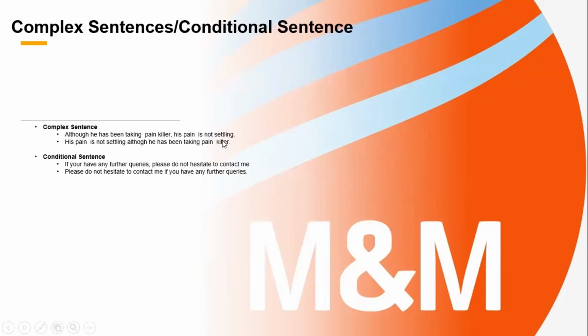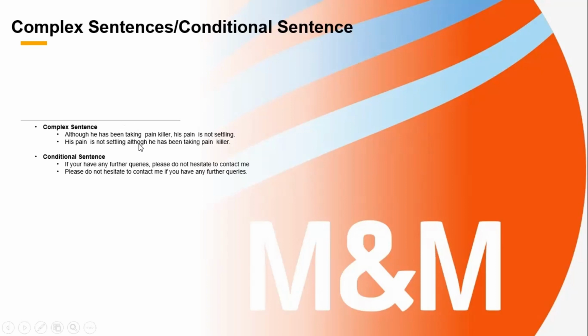So lastly, we have complex sentences. As we already discussed the contrast clause, the purpose clause and the reason clause, we have to use one dependent and one independent clause, such as here: although he has been taking painkillers is the dependent clause. His pain is not settling is the independent clause.